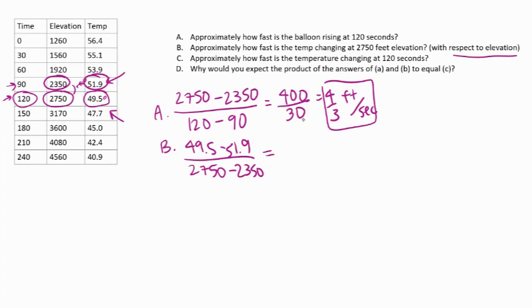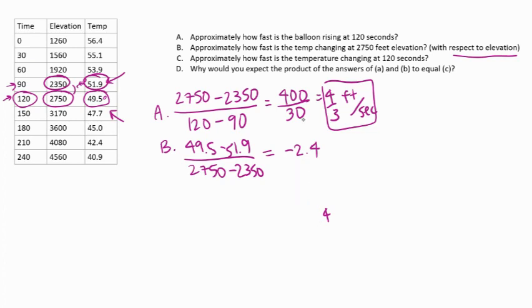So that is going to be 49.5 minus 51.9. So that's negative 2.4. Okay, why can't I do this math right now? Sorry. It's negative 2.4.